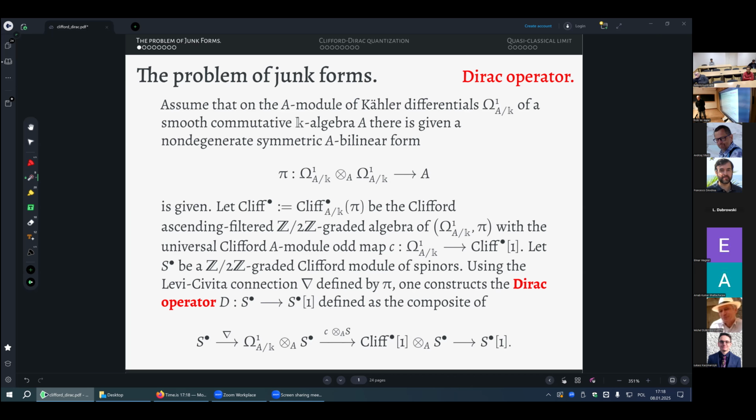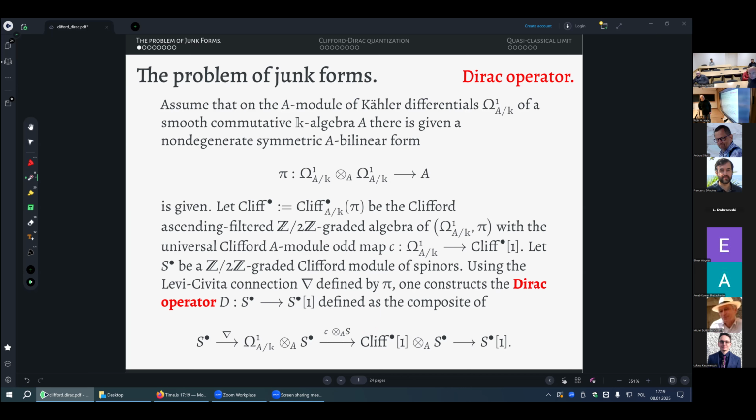So first, we are using this Levi-Civita connection. Then to the first slot, we apply this Clifford multiplication, this universal map from this quadratic module to its Clifford algebra. And then we are using the module structure on spinors with respect to multiplication by elements of the Clifford algebra.